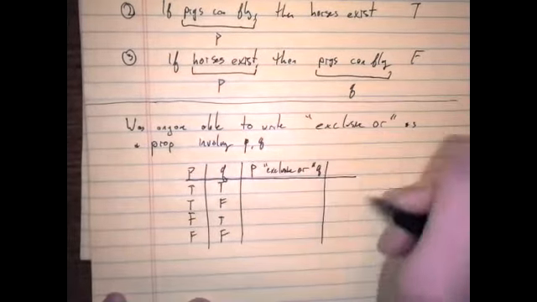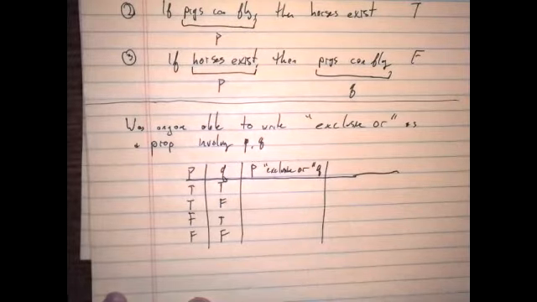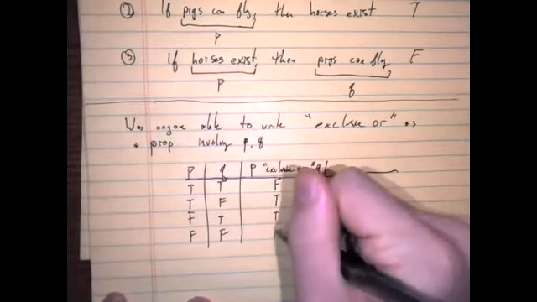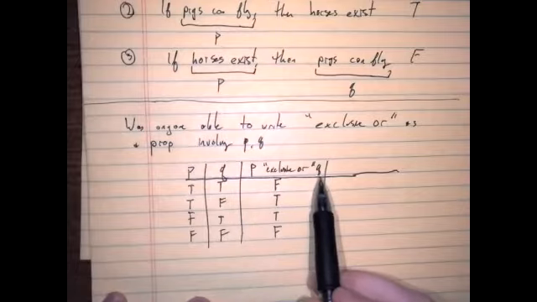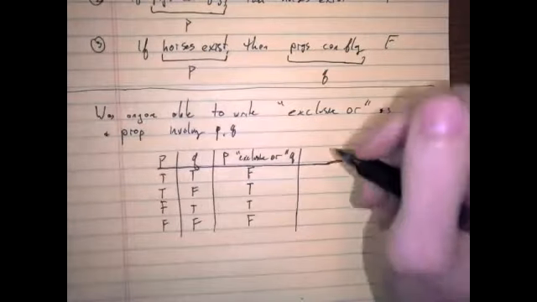Can someone tell me what the truth table ought to be for the exclusive or of P and Q? False, true, true, false. Exactly, because this statement is P or Q, but not both. Perfect. Thank you, Val, for the answer.